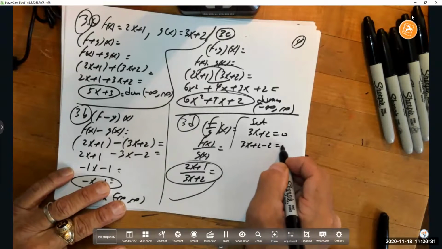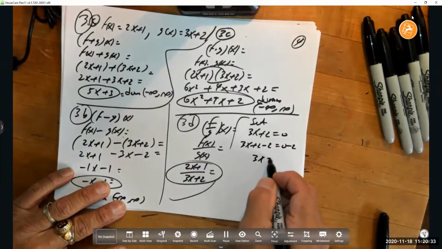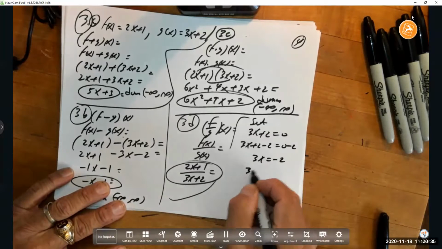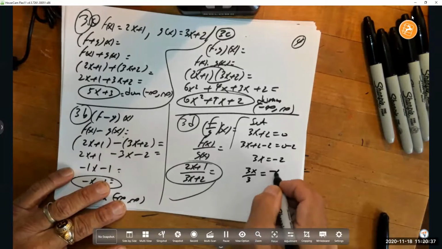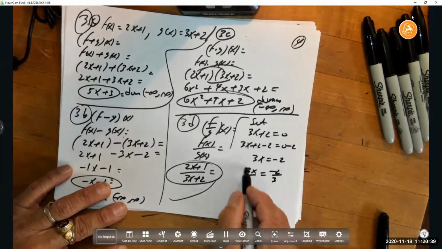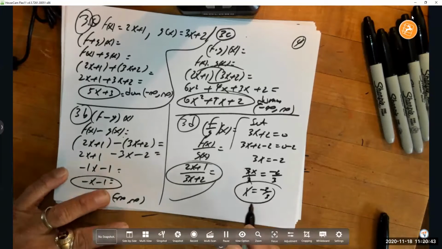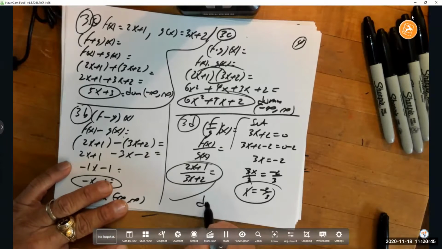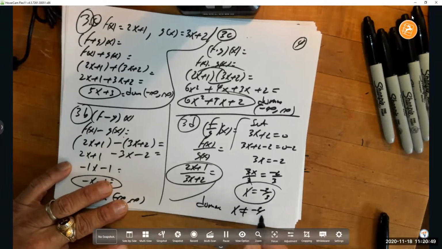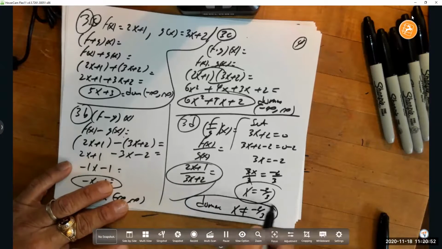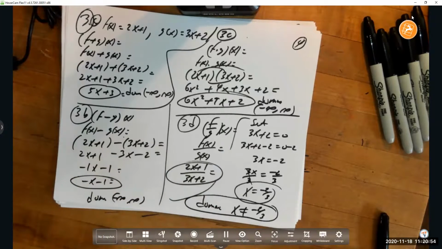So minus 2, minus 2. So 3x is negative 2. Divide by 3, divide by 3. So x equals negative 2/3. So the domain is anything you want, just don't use negative 2/3.